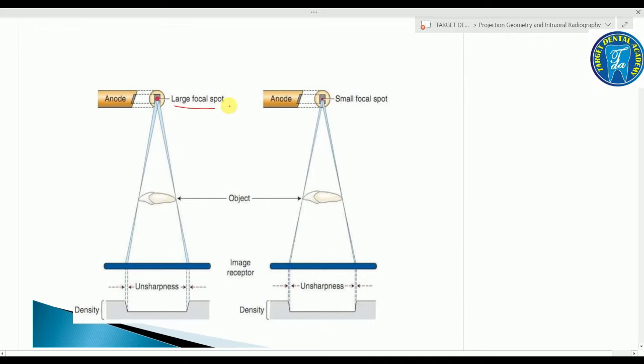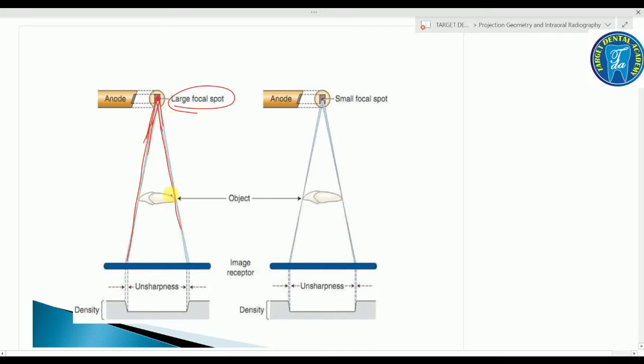See, when there is a large focal spot, this is the target area, the X-rays originate from different points, but they move in a straight line.